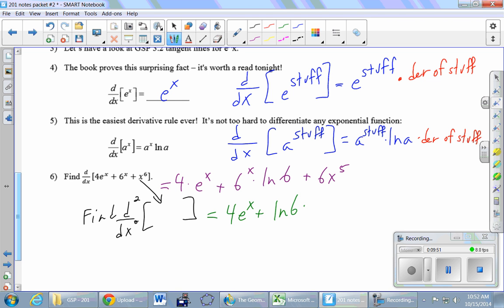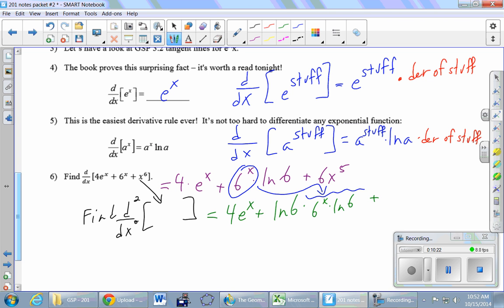And now we're trying to take the derivative of this piece. We've already copied the ln of 6. So over here, I need to put the derivative of 6 to the x. What is it? That's it, right? That's our a to the x rule. And then we're going to smush the ln of 6's together in just a second. Everybody see that? It can look confusing because there are two different ln of 6's there, and they're there for different reasons.